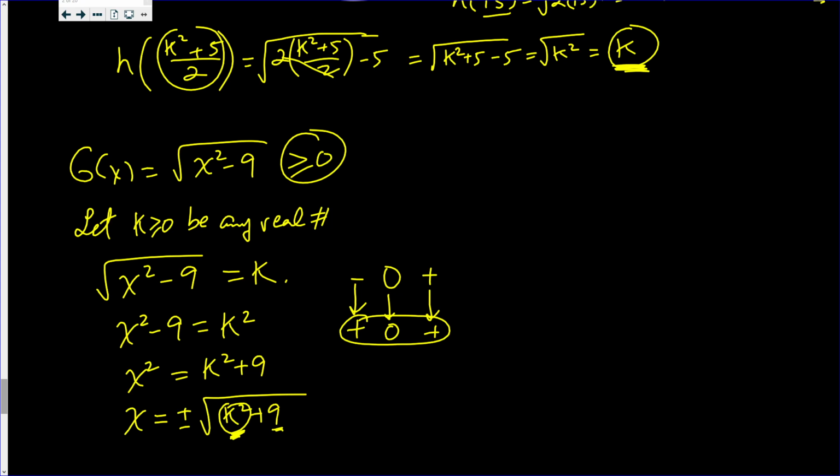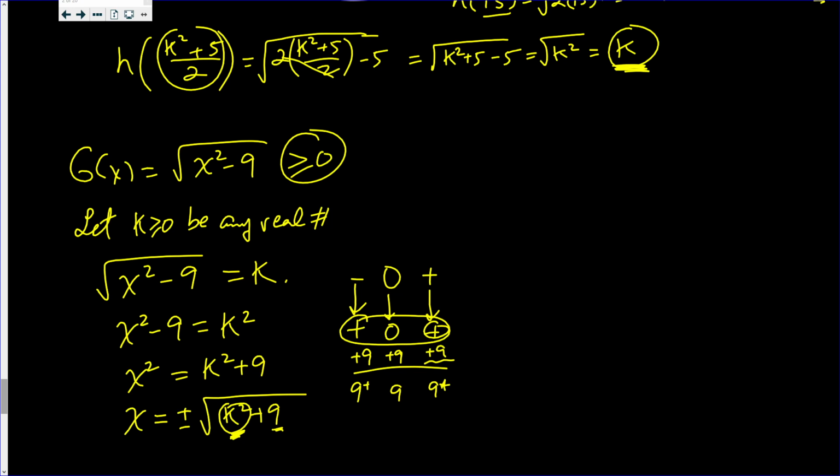But then you add 9. If you add 9 to 0, what you get is 9. If you have a positive number and you add 9 to it, you'll get more than 9. Okay, you'll be at least 9.